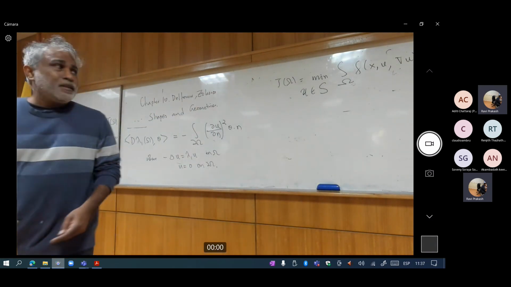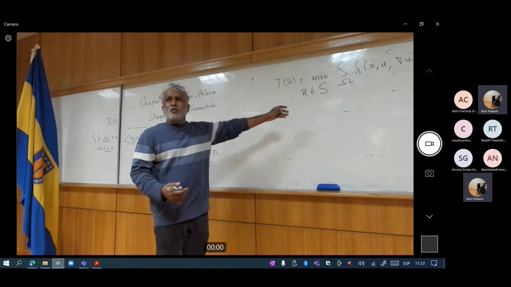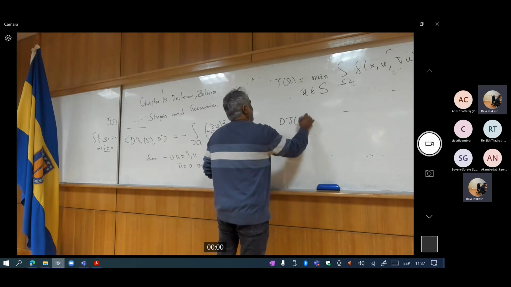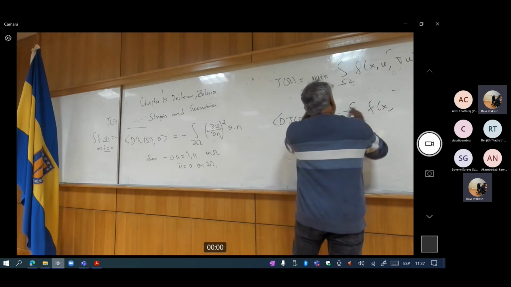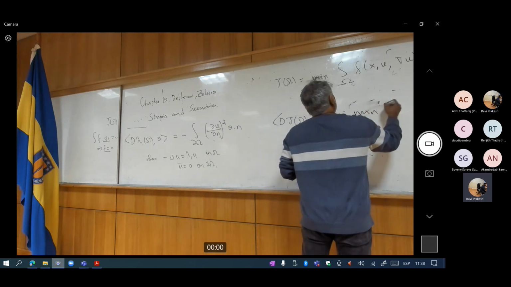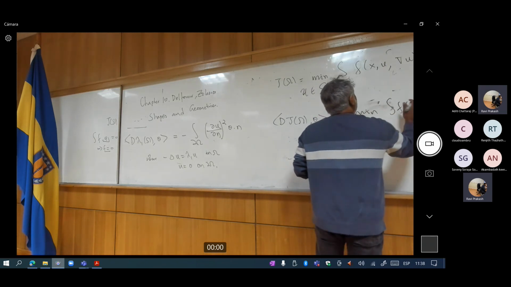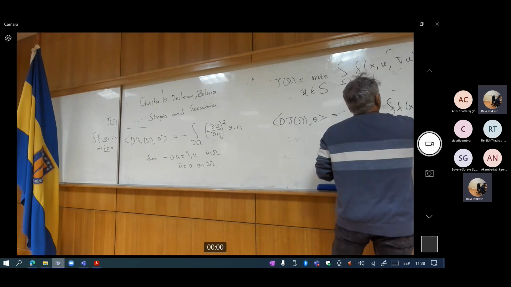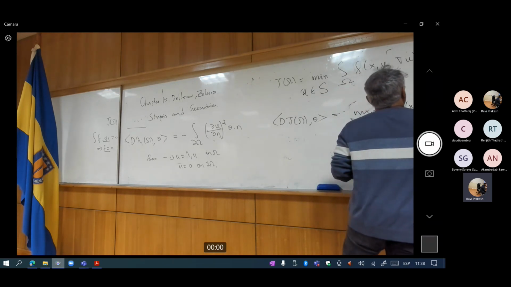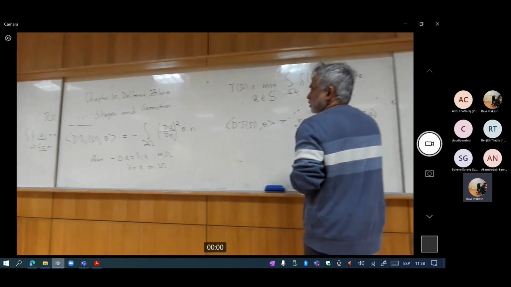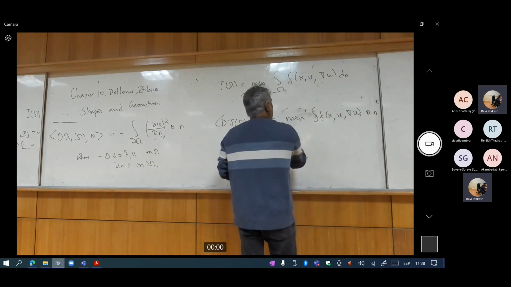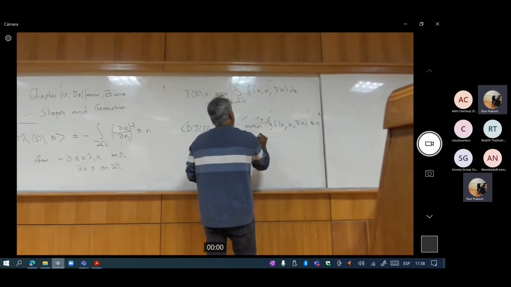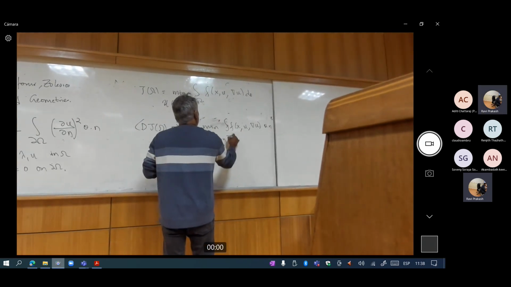So if a certain class of conditions hold, then dj of omega is quite simply the integral over the boundary of omega of the minimum of f of x, u, grad u, times theta dot n, where this minimum is taken over all the minimizers, so the argmin of this original problem.